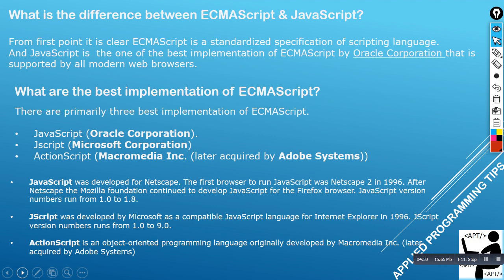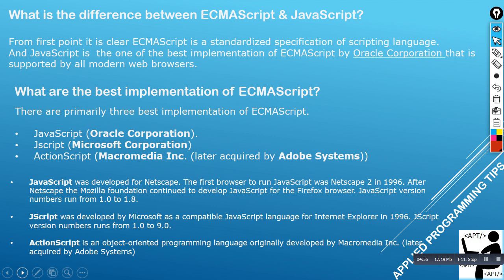JavaScript was developed for Netscape. The first web browser to run JavaScript was Netscape 2 in 1996. After Netscape, the Mozilla Foundation continued to develop JavaScript for the Firefox browser. JavaScript version numbers run from 1 to 1.8. So let's talk about JScript.